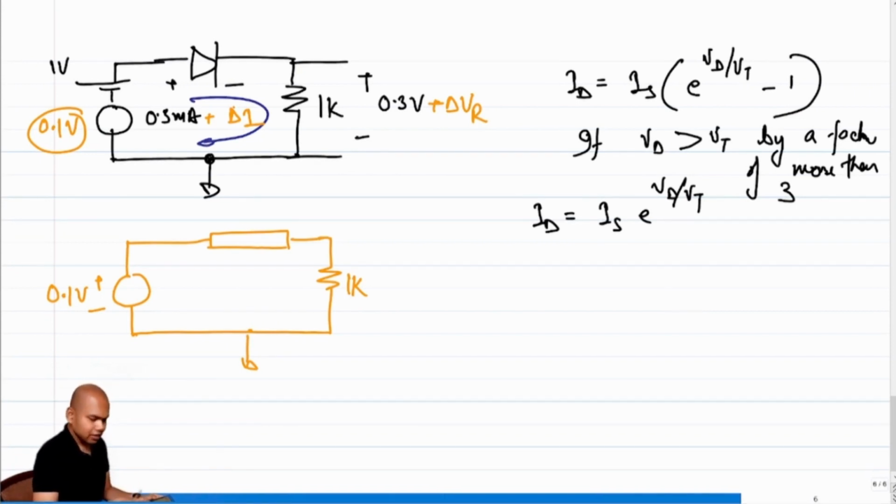Okay, this basically eases our life, right? And we have already figured that Vd is 0.7 volt and Vt is 25 millivolts, so the ratio is quite more than 1, so we can safely neglect that.